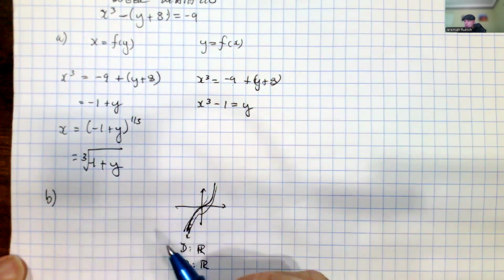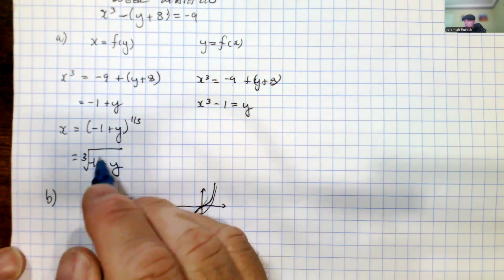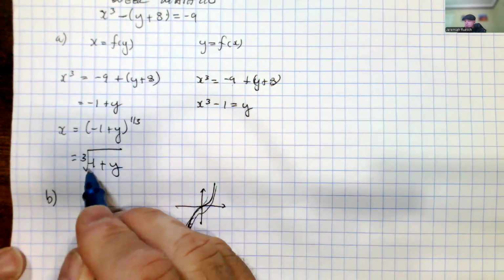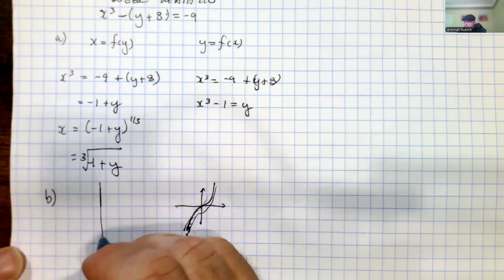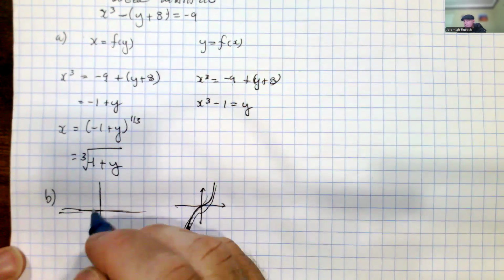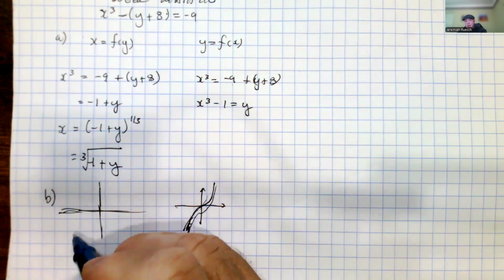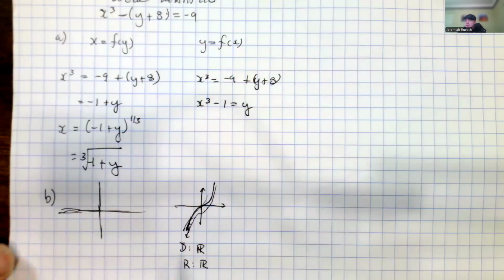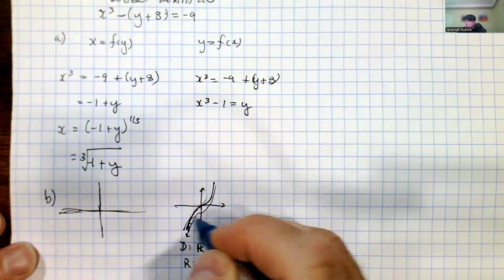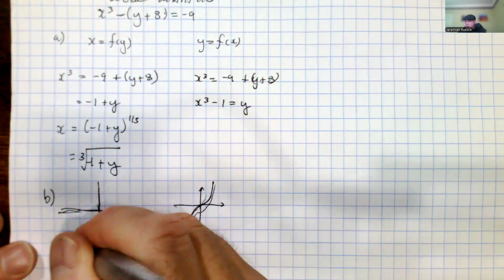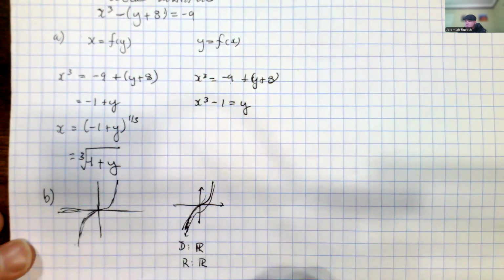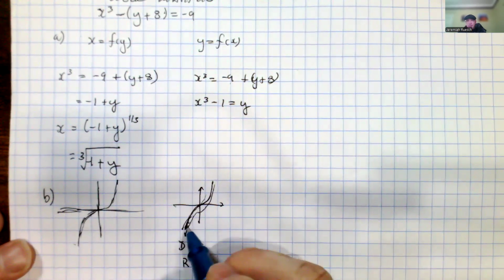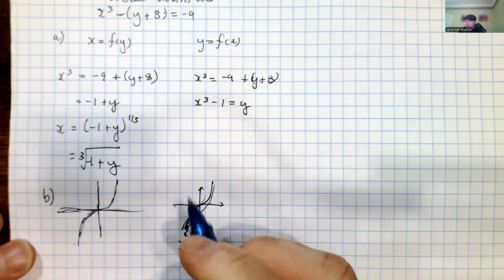Okay, and so now if we look at the inverse function, this cube root of y minus 1, considering that, it may surprise you, but the graph of this is actually going to be the same thing. It's the same function, and that doesn't change the value.